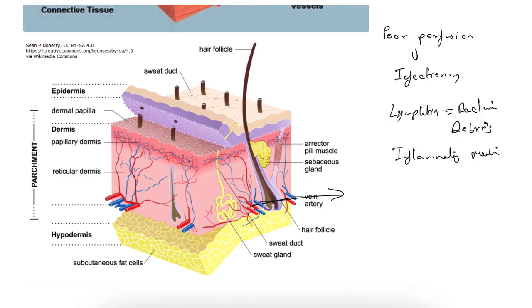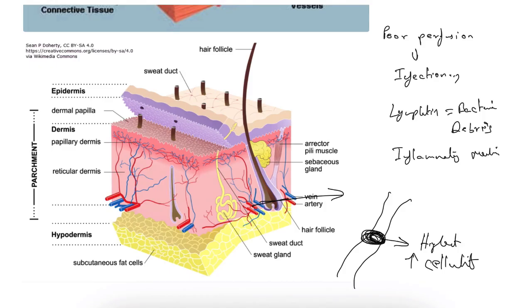For example, this is the lymphatic system. Okay, lymphatic drainage. If any obstruction happens here because of bacteria, then the patient will be at highest risk of cellulitis. Okay, so because of this, the patient will get cellulitis.